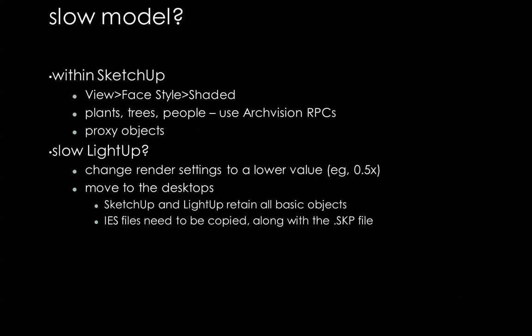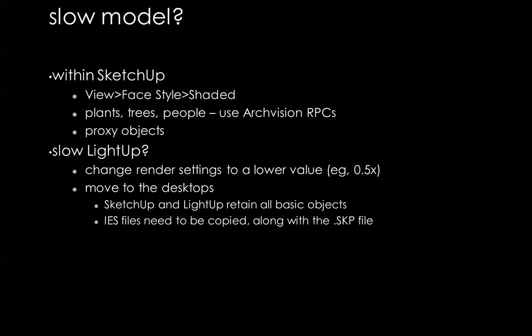Anyway, you can also use what are called proxy objects. So if you just can't resist using that 50,000 polygon plant, you can by all means replace it with a box shape or a cone shape or something like that while you're modeling, and then at the very end when you're ready to render, you can replace that box or cone shape with the more complicated model.